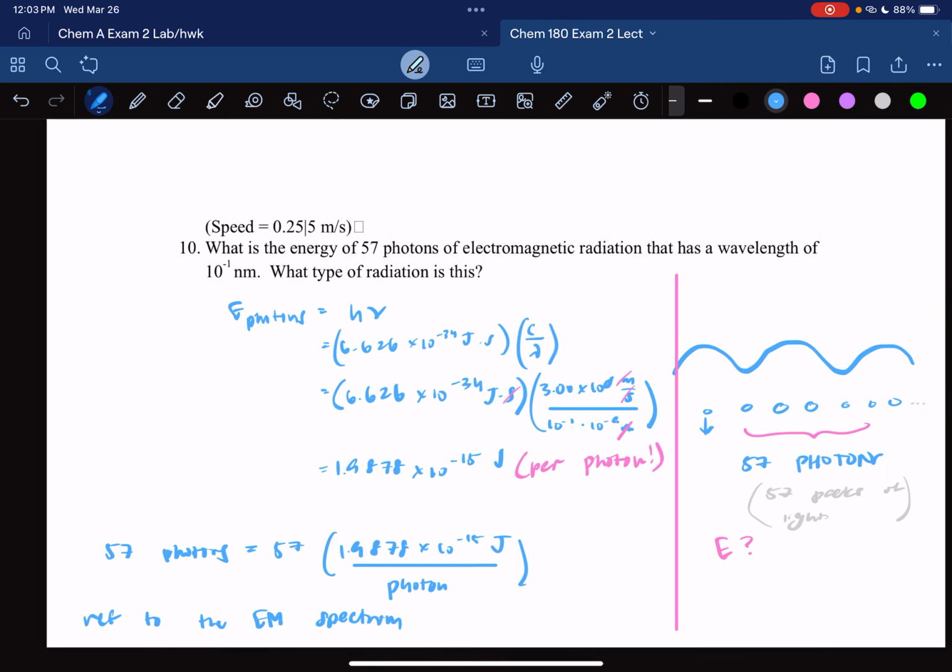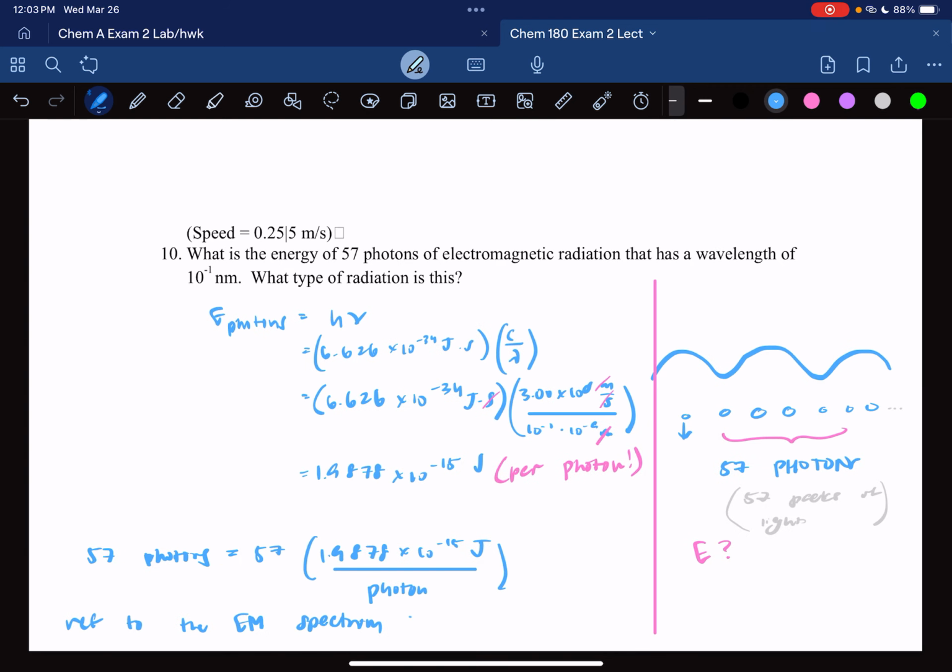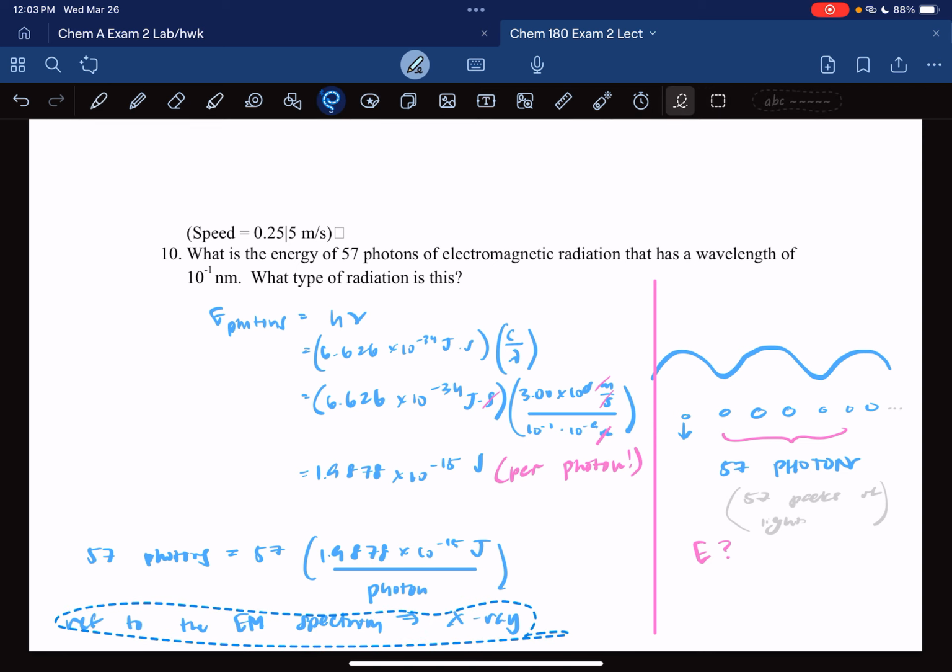You look back at the whole spectrum and see where it falls. Is that good, everyone? Can I move on? All right, next problem. Okay, here we go. I'll give you a couple minutes to think about that one.